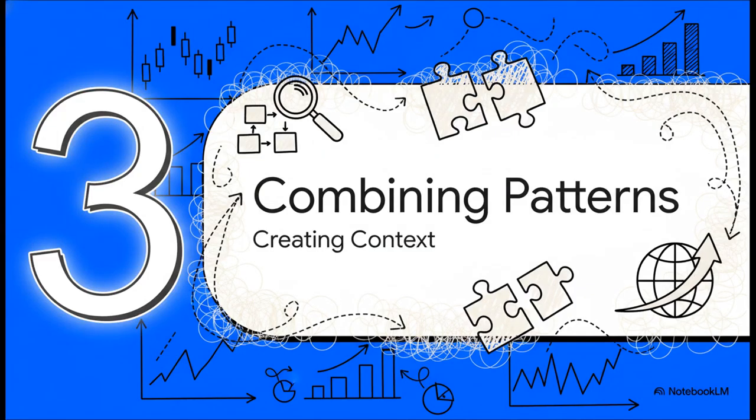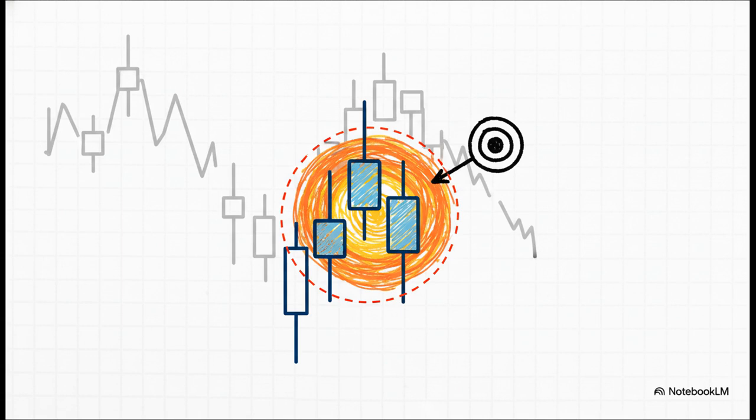Okay, now for what I think is the most important part of this whole thing. These patterns we just learned, they're just ingredients. The real magic happens when you know how to combine them, when you see how they fit together inside that bigger A to B story. This is what our source calls stacking probabilities. Think about it like this. You're looking at a chart and you spot a bearish breaker block.